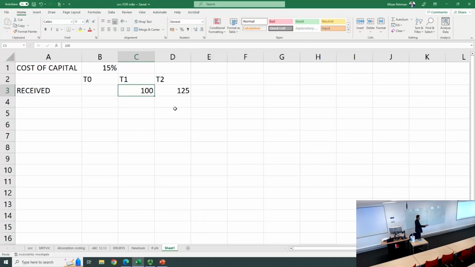Because it is going to be less. To calculate the value now, all we have to do is multiply these values with the discount factor under the relevant cost of capital and along the relevant year. So let's go to our present value table.